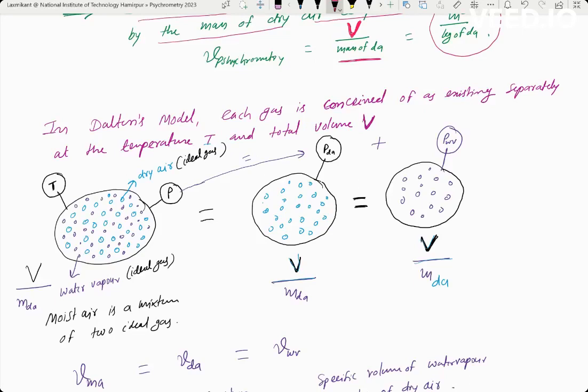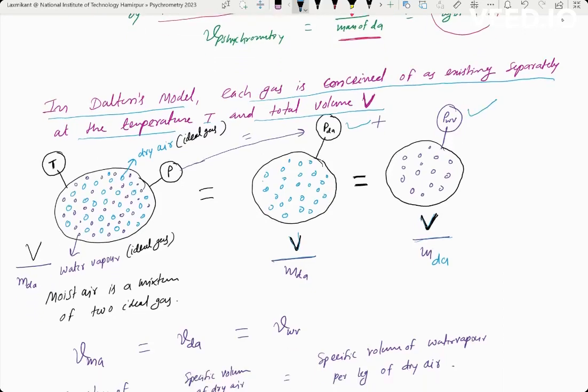In Dalton's law model, each gas is conceived of as existing separately at temperature T and total volume V. So this is the mixture of dry air and water vapor at temperature T and P, and now we have separately fixed this dry air part in the same volume, similarly the water vapor part in the same volume. Then the pressure exerted will be the partial pressure of dry air, and the pressure exerted by water vapor is the partial pressure of water vapor, and total pressure will be the partial pressure of dry air plus partial pressure of water vapor.